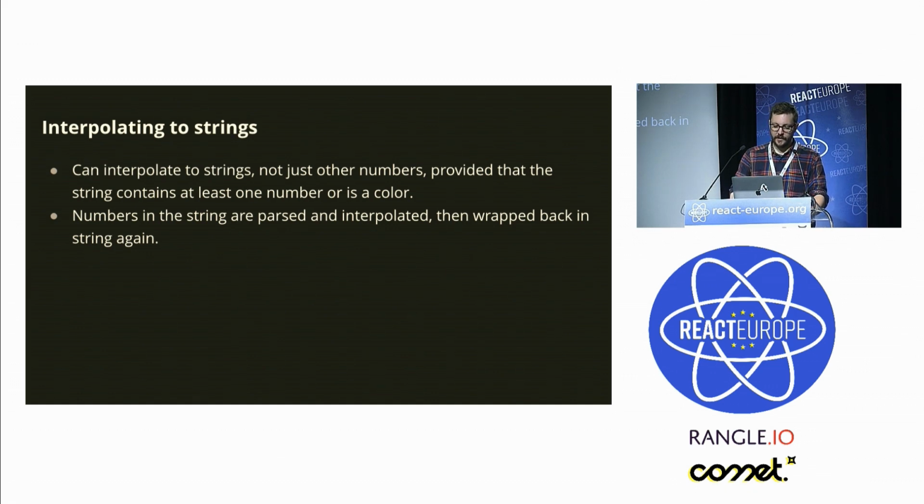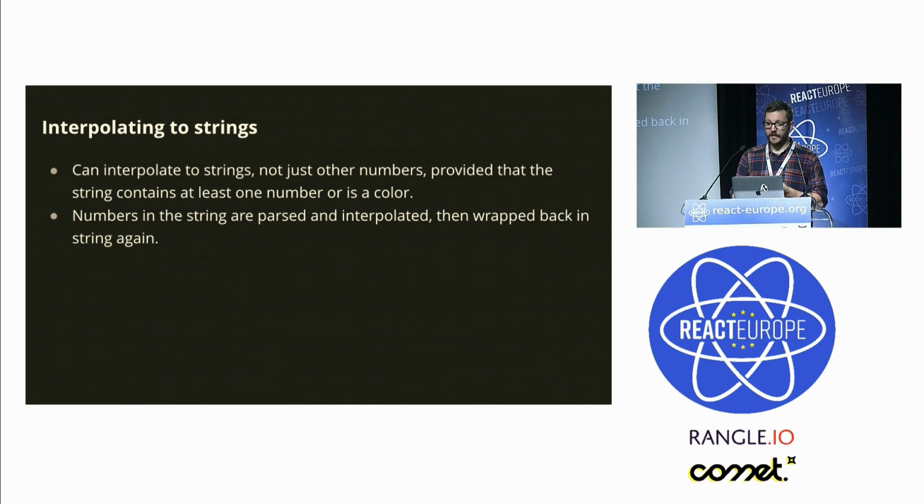The way that works is you're able to convert any of these string values into actual numbers. You're able to convert the color, the string red, into a numeric representation of the color. And then you're able to treat that in the same way as if it were a number.